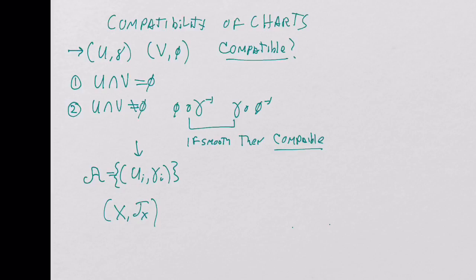And now the question is, are all of these charts compatible? Well, if X is a differentiable manifold, or a smooth differentiable manifold, if I want to be particular, then by definition, every intersecting pair of charts has smooth transition functions.